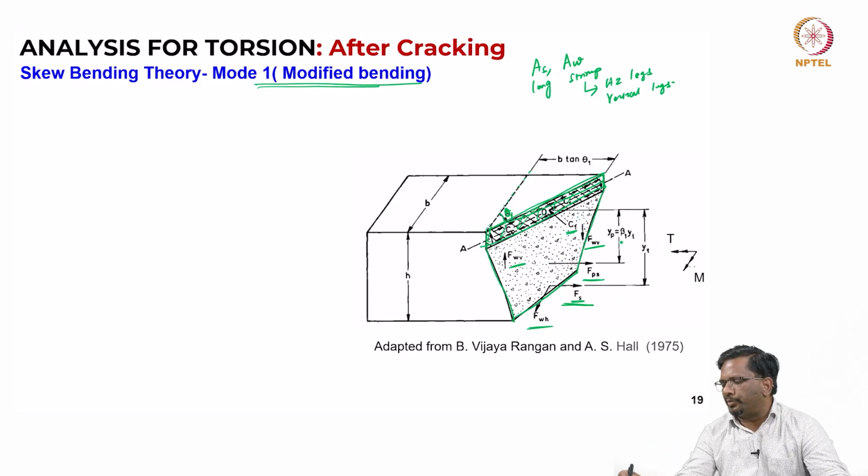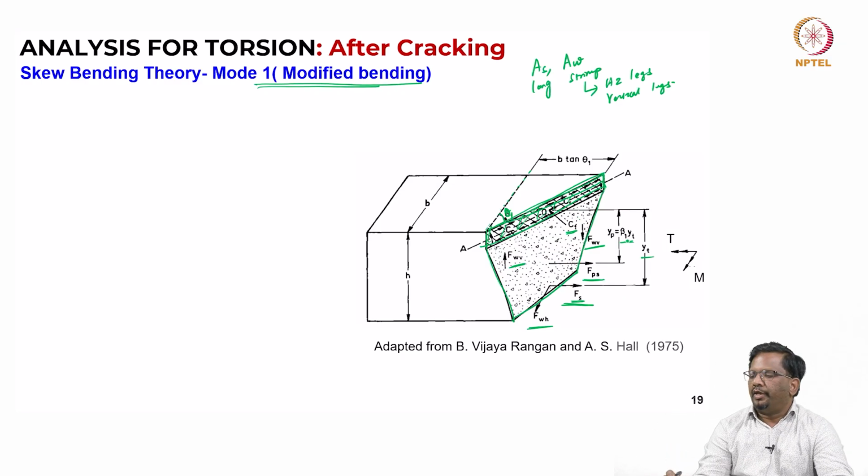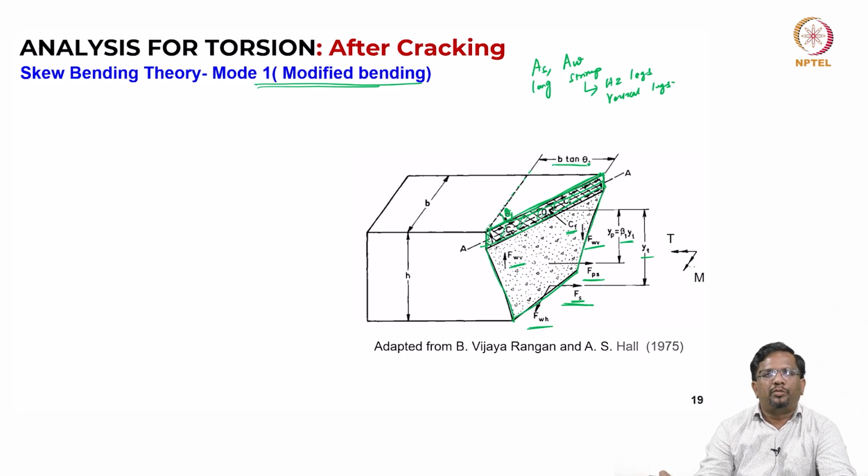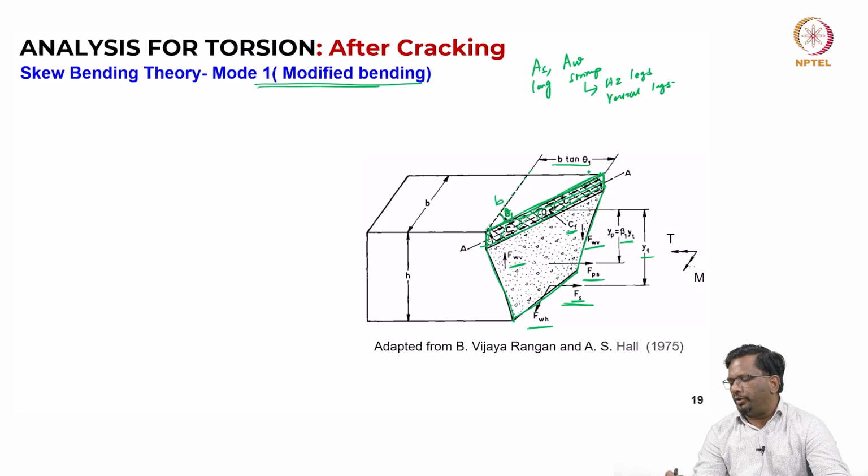Everything is expressed as a function of Yt. You see here that this particular surface, at this location, is at a distance of b tan theta 1. From simple trigonometric calculations, we can show that if this is b, this distance is going to be b tan theta 1, right.